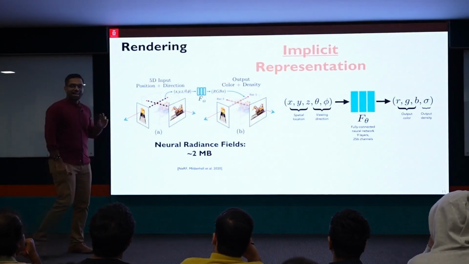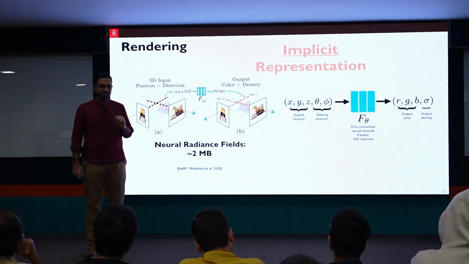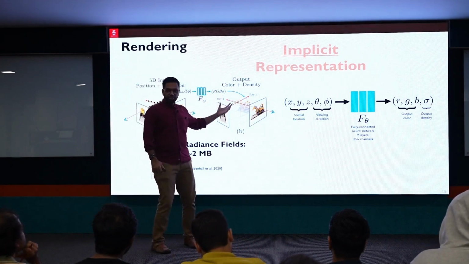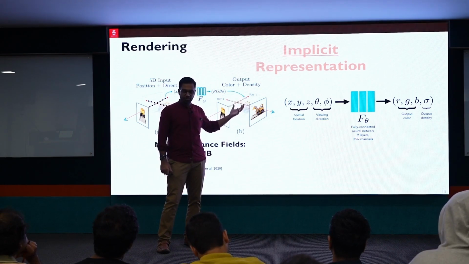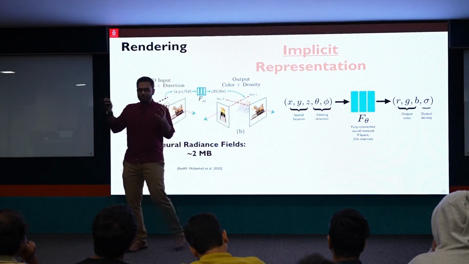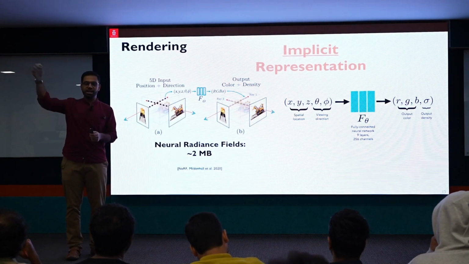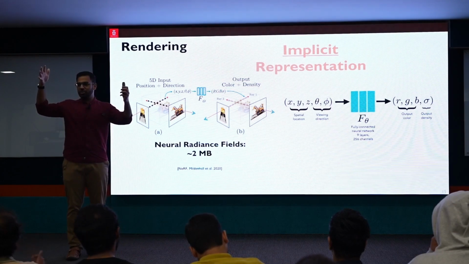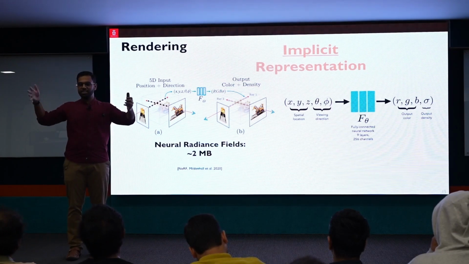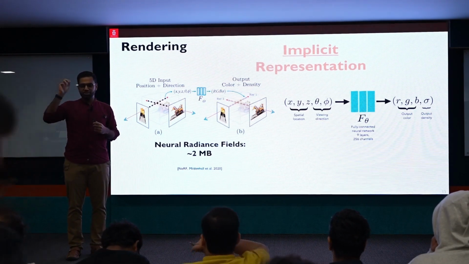This is what we call an implicit representation. So why do we call this an implicit representation? The information about the 3D world, the radiance field of the 3D world, is not stored explicitly. It's not stored in a table that says, okay, if I'm at this position, I should have this radiance value, right? In other words, you can think about voxelizing the space. You can divide the space into a uniform grid, label each grid point as a voxel, and store the radiance value.